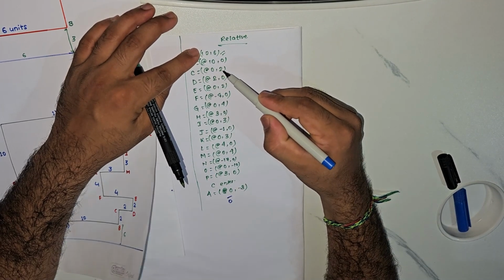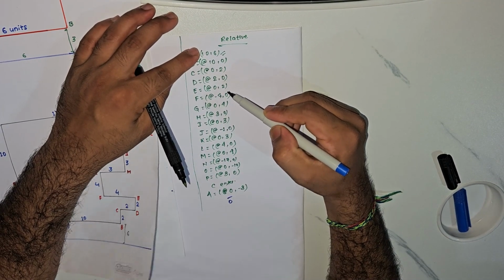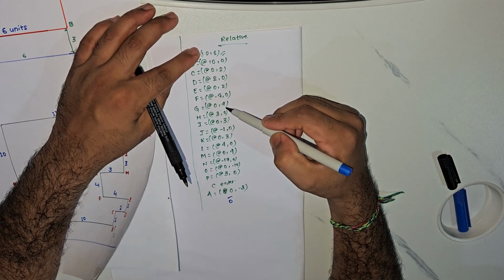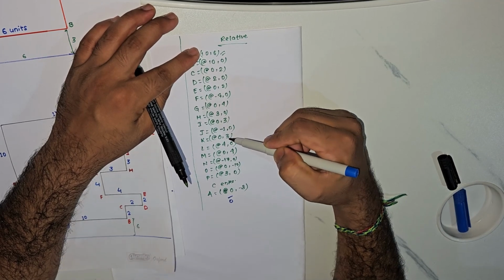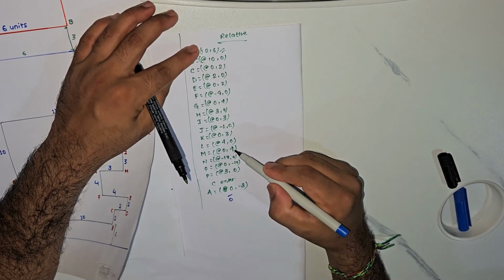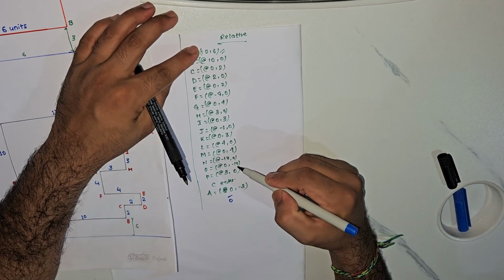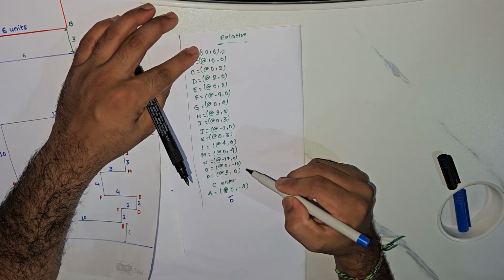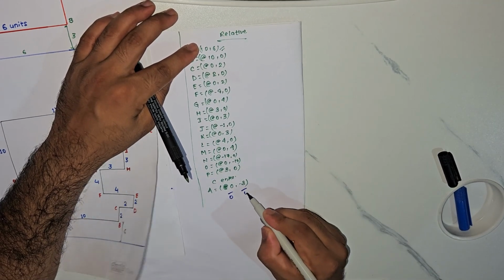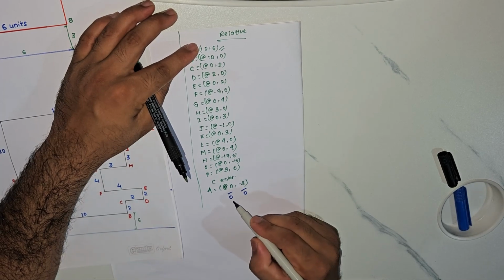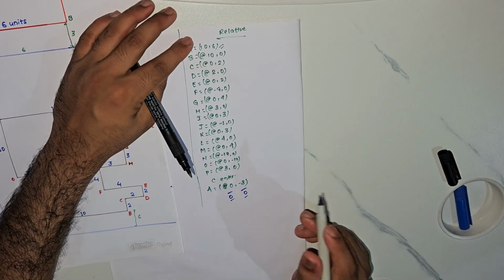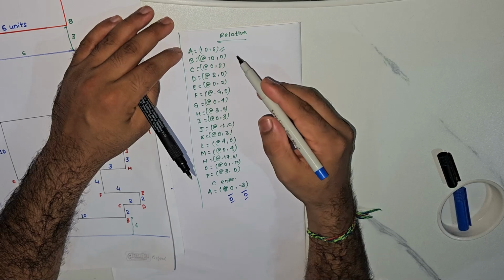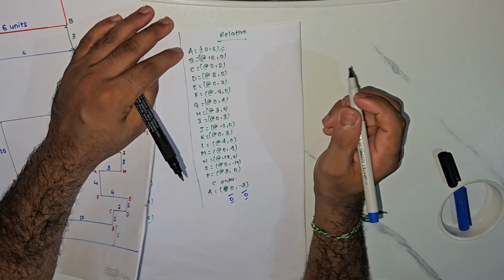Again 0 plus 2 is 2, 2 plus 2 is 4, 4 plus 0 is 4, 4 plus 4 is 8, 8 plus 3 is 11, 11 plus 3 is 14, 14 plus 4 is 18, 18 minus 10 is 8, and 8 minus 8 is 0, so both the x and y coordinates come to be 0, hence the coordinates that we have written in the relative coordinate system are also correct.